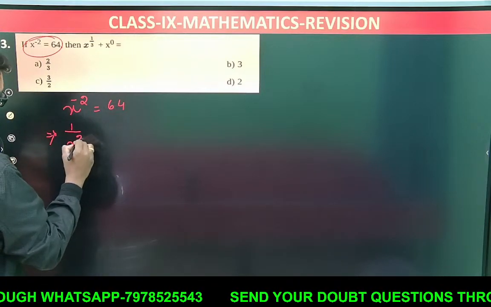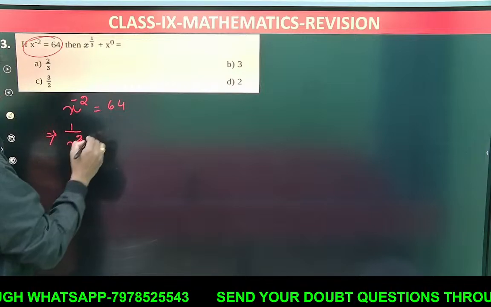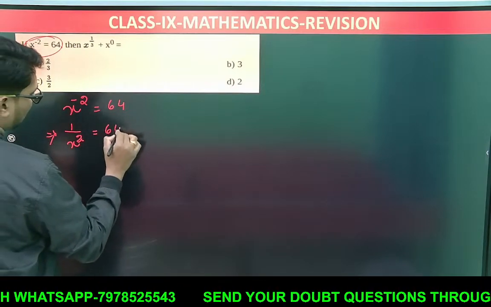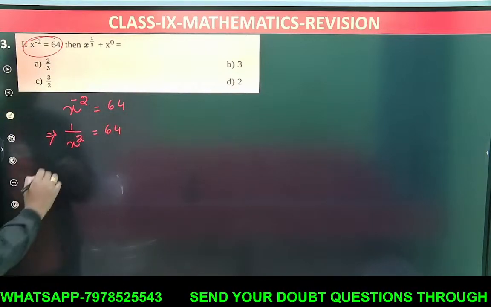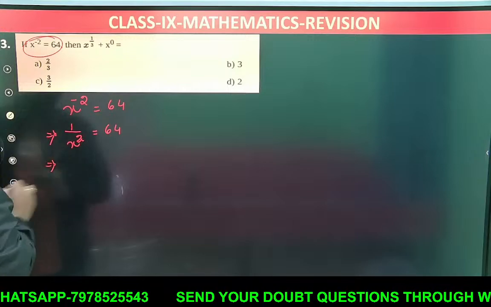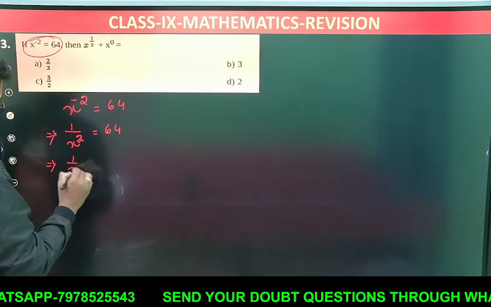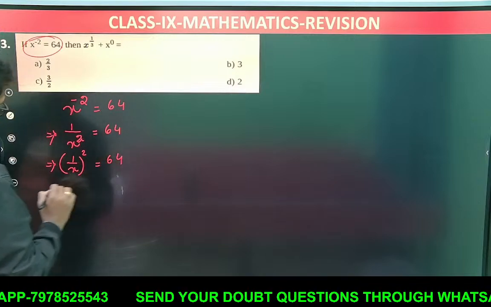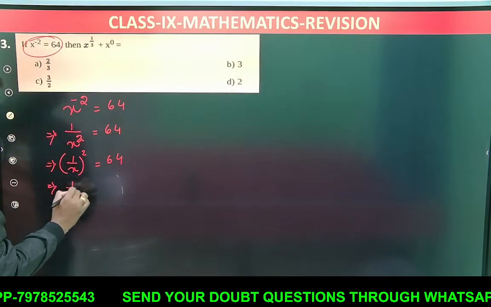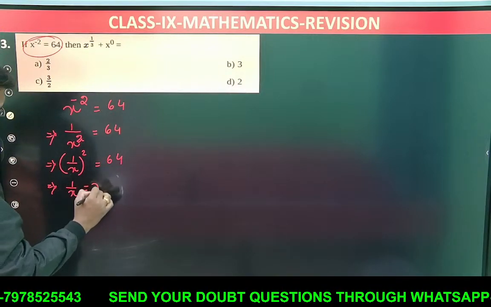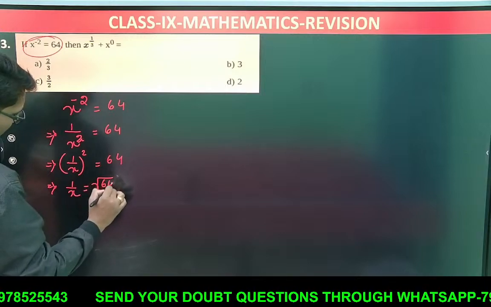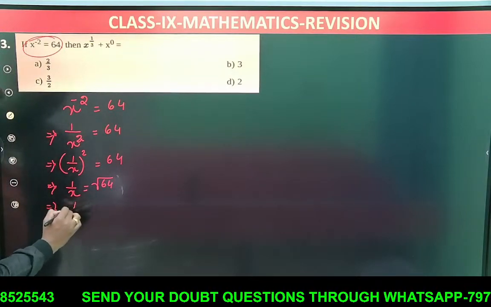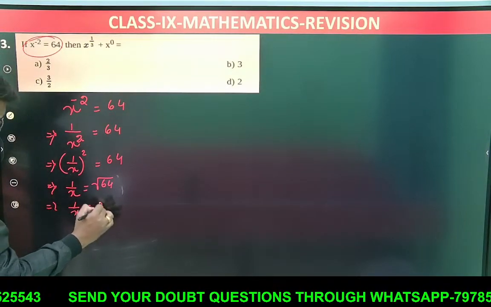It will become 1 by x to the power 2 equals 64, right? This implies it can be written as 1 by x whole square equals 64. Let us find 1 by x, which is square root of 64. So this implies 1 by x is equal to 8.